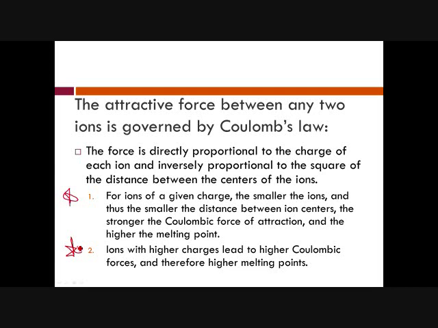Okay? The size of an anion is a lot bigger than the size of a cation, and that's because anions have more electrons, so their radius, their electron cloud, makes them larger.